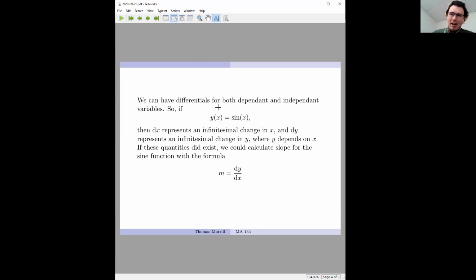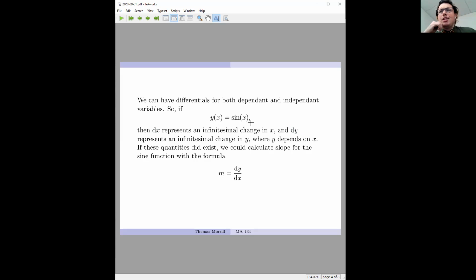I say that y of x equals sine of x. But from the differential point of view, my dx is representing a small change in the variable x, and my dy is representing an infinitely small change in my variable y.